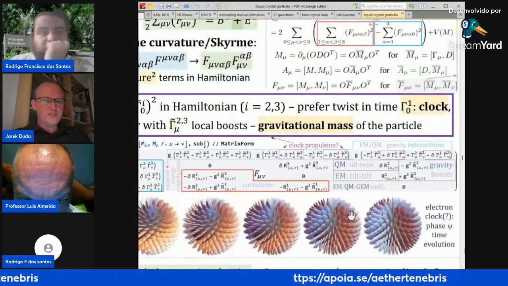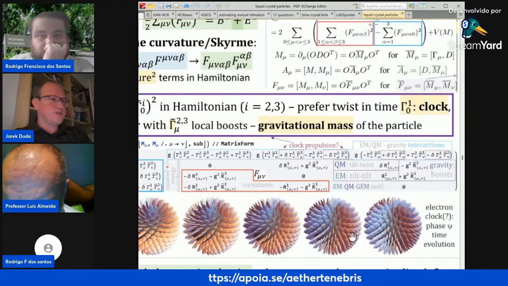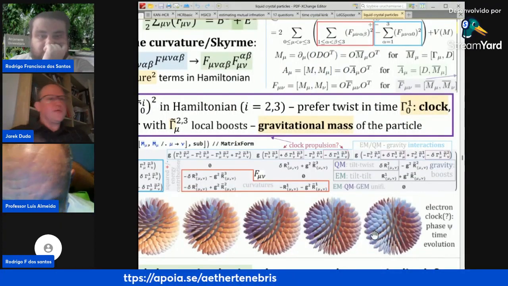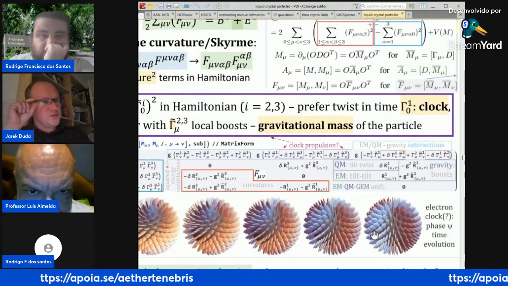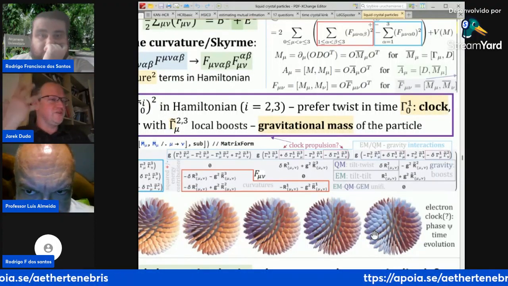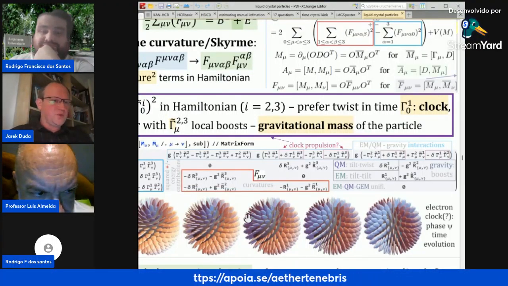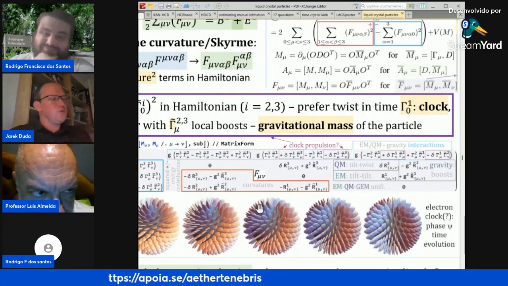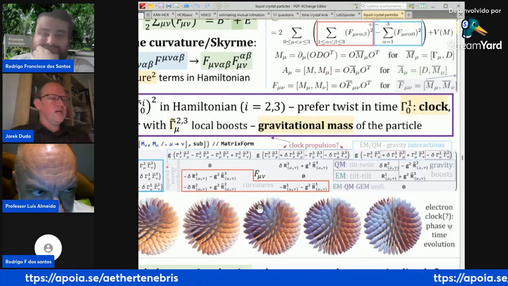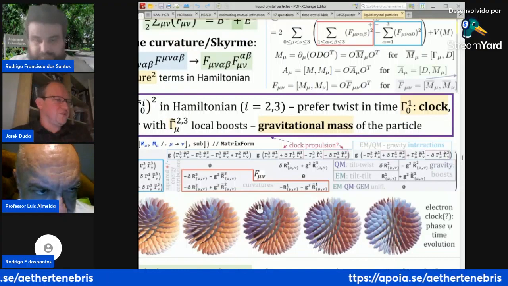So we have these particles quantized as topological charges, but still we don't know why they also have gravitational mass. This is very non-trivial. We get electric charge for Coulomb interaction from topology, but gravitational mass is not quantized, it is much smaller. So the question is why it also has gravitational mass.